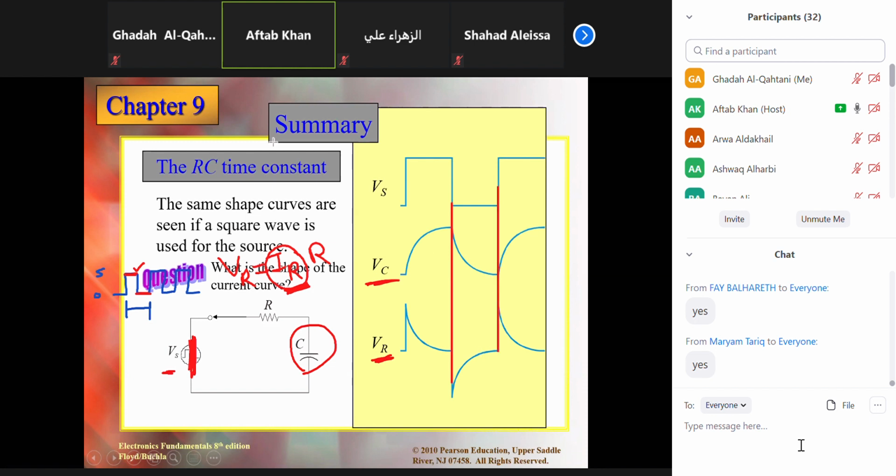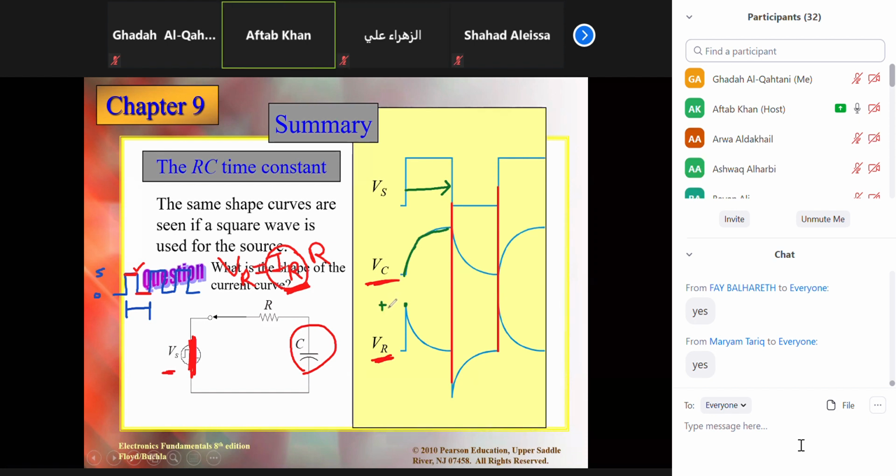Now see. During this duration the capacitor is charging, which is rising exponentially. And you know that the current will start as positive current. This is the maximum value, which is positive current here.